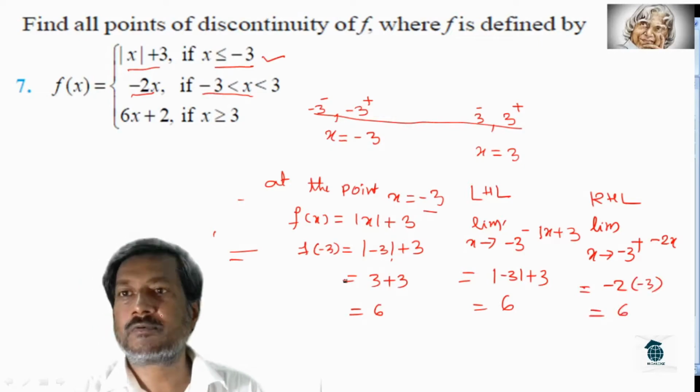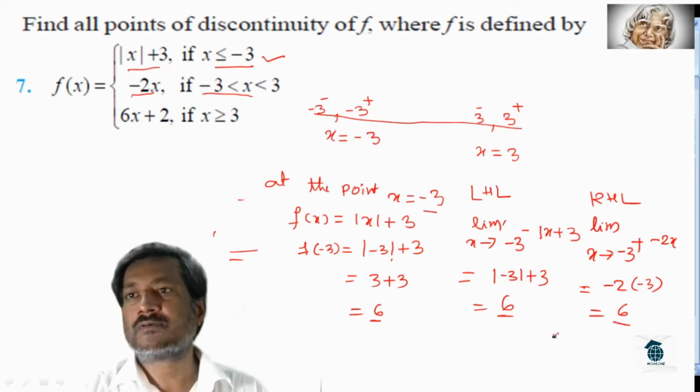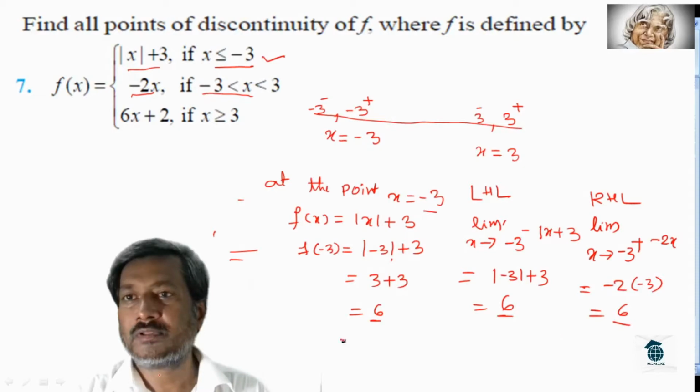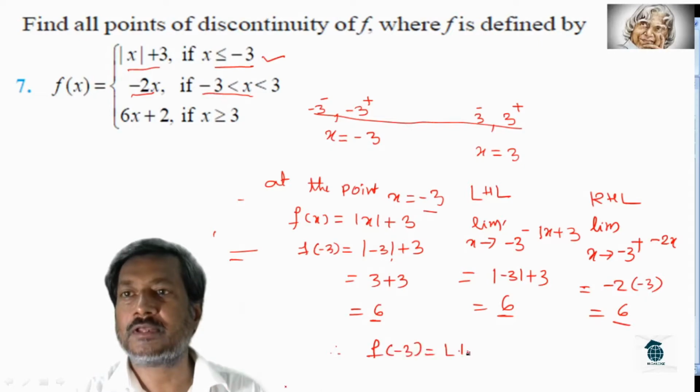Observe here, the value of f of minus 3 is 6, f of minus 3 minus, that is LHL, is 6, and RHL is also equal to 6. So therefore the function is said to be continuous, that is f of minus 3 equals LHL equals RHL.